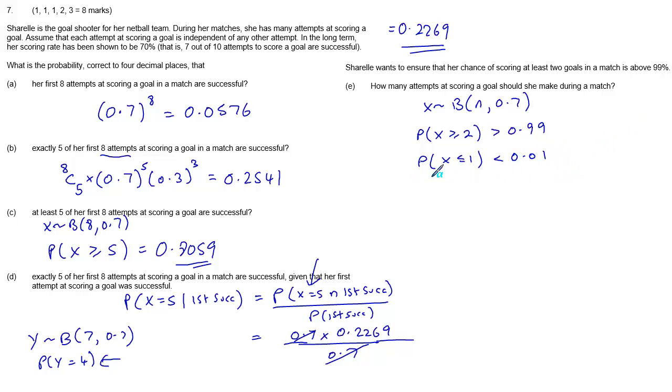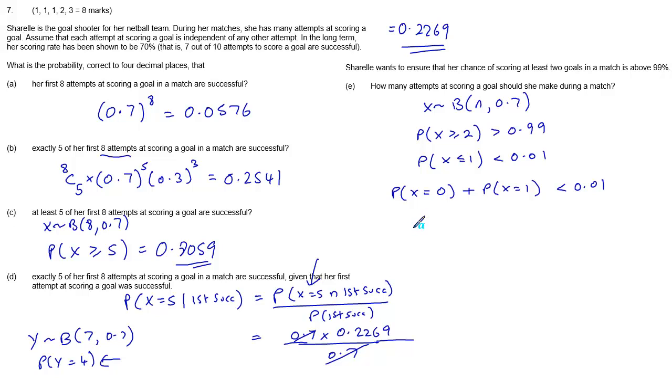Now let's think about the probability of x being less than or equal to 1. That's the probability that x is equal to 0 added to the probability that x is equal to 1, and that's less than 0.01. Now this one here would mean that everything was a failure.